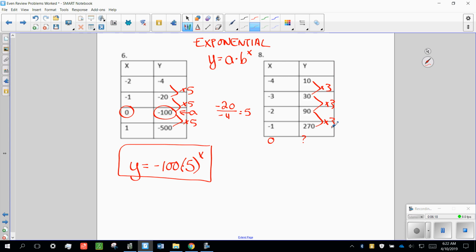But another thing we can do is say, okay, negative 2, negative 1, what comes next? 0 does. So let's multiply 270 by 3, and we'll get 810. So y equals 810 times 3 to the x power.